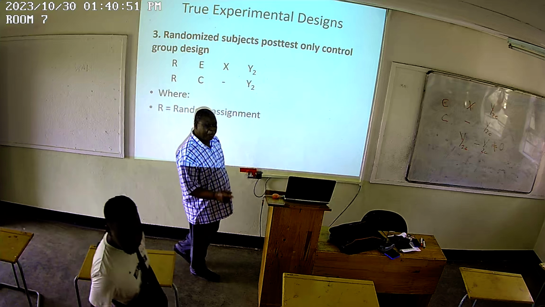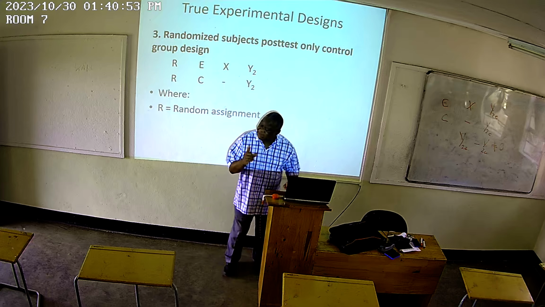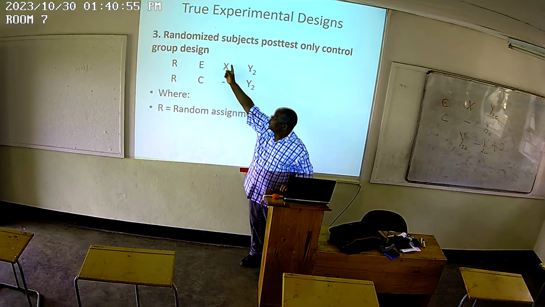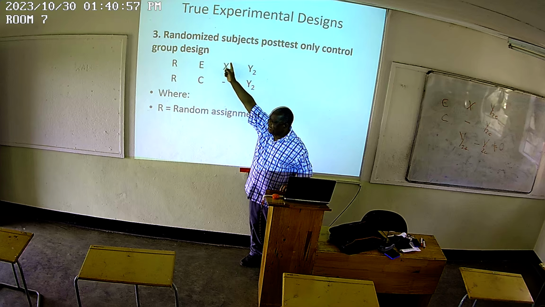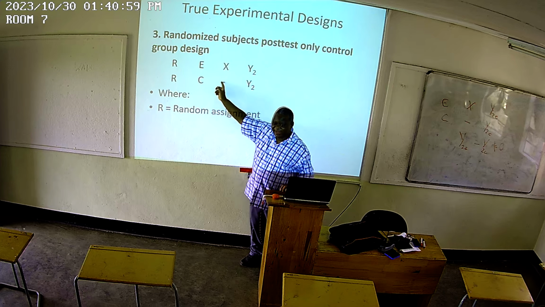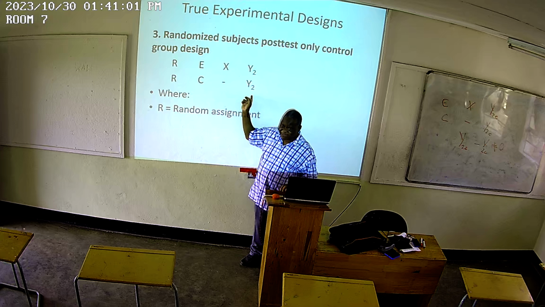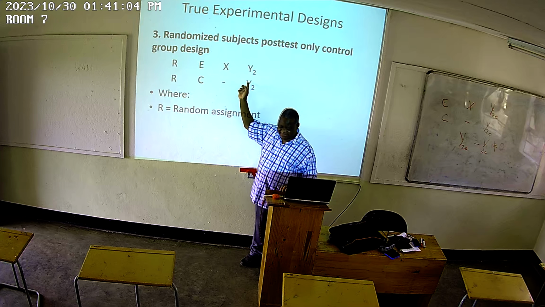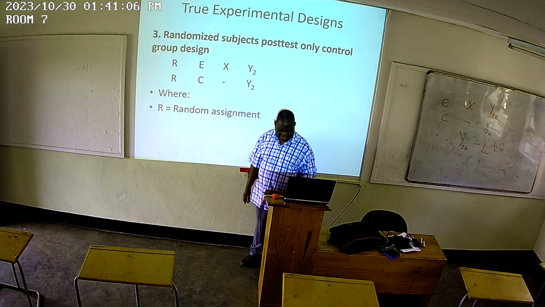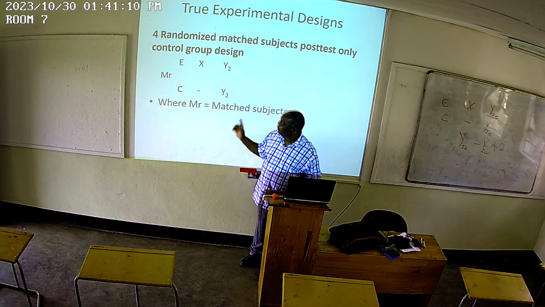Now, because there is a possibility that although you are giving them the treatment at that point, there will be other things happening which can confound your result. You can decide to introduce another design.